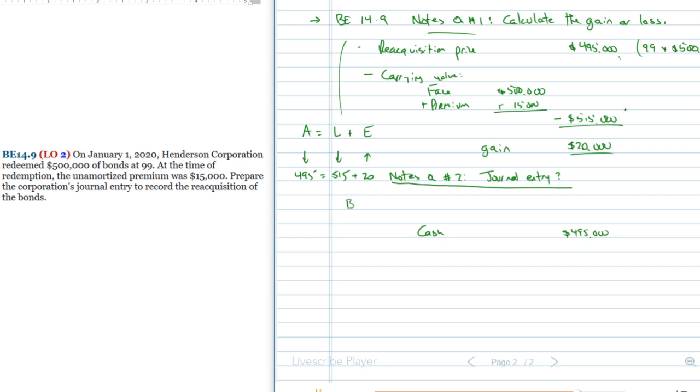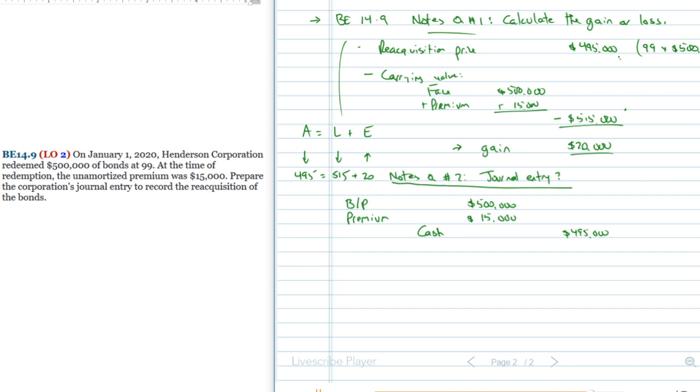We're also writing off bonds payable of $500,000. We're also writing off the premium. It's the adjunct account, not the contra account. It goes in the same way. So premium is $15,000.